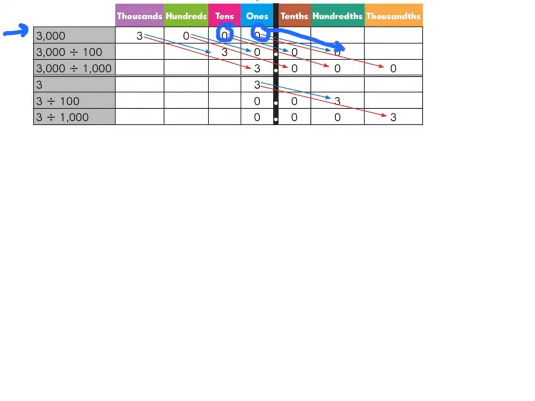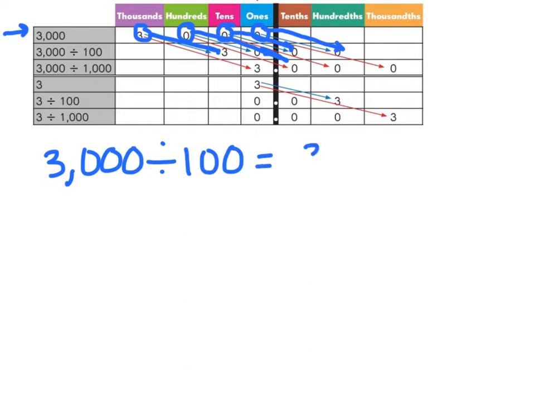The 0 in the tens column is going to go all the way to the tenths, 2 places to the right. 0 in hundreds will go to the ones column, and the 3 will go to the tens. So 3,000 divided by 100 will give us an answer of 30.